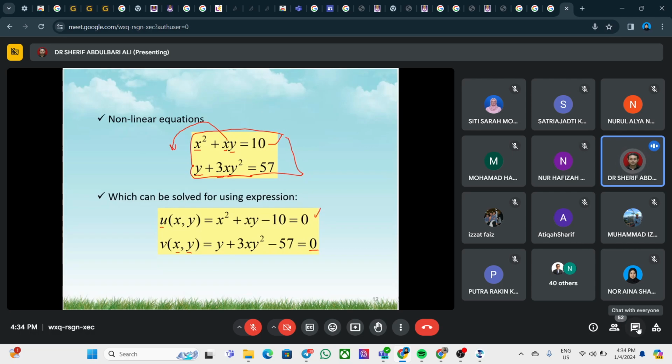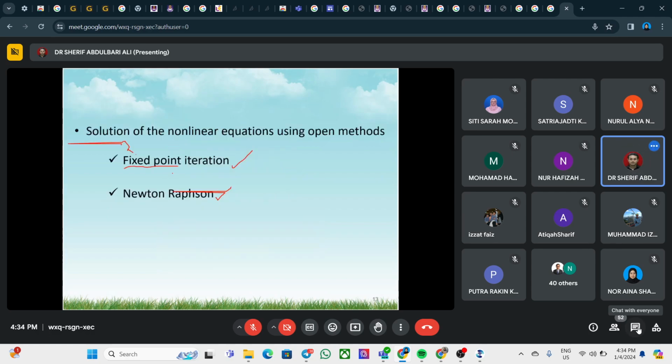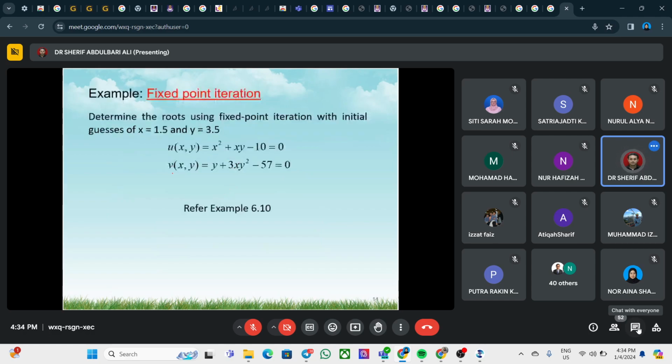So I will have x here. And for the second equation, I will rearrange it for y, so y is going to be on the left side of the equation. So this is fixed point iteration using nonlinear equations. We are going to rearrange the equations to have x on the left side and y on the left side.